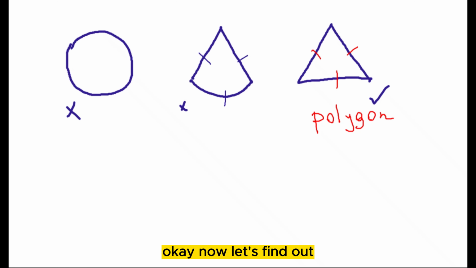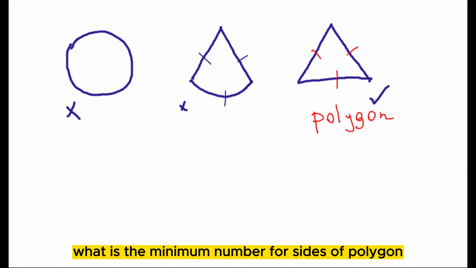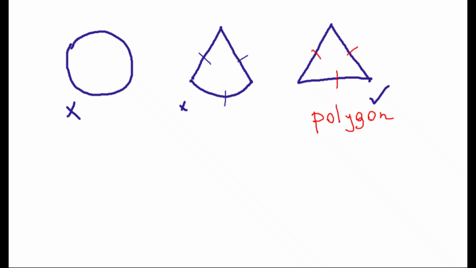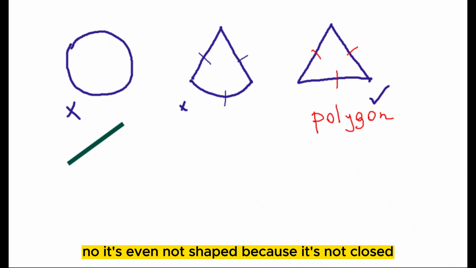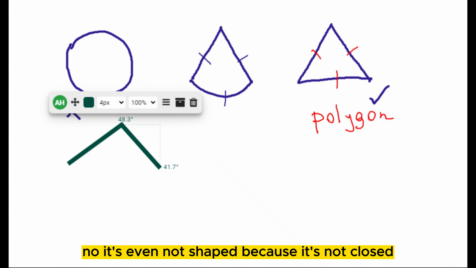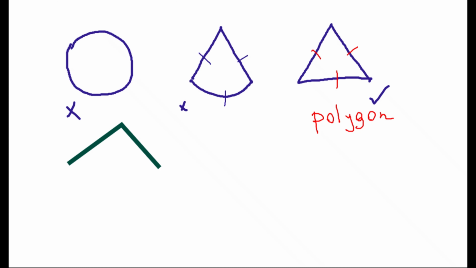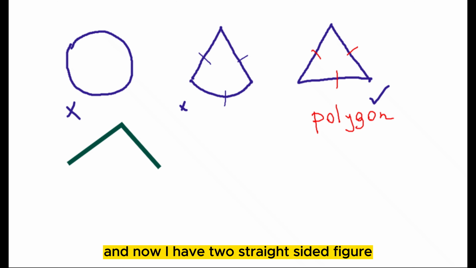Okay, now let us find out what is the minimum number of sides of a polygon. Can a polygon be one-sided? I will draw one straight line. Can it be a polygon? No, it's not even a shape because it's not closed. If I draw another straight side, now I have a two-straight-sided figure.